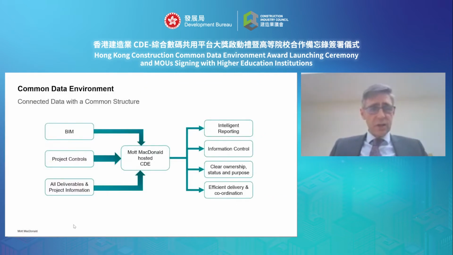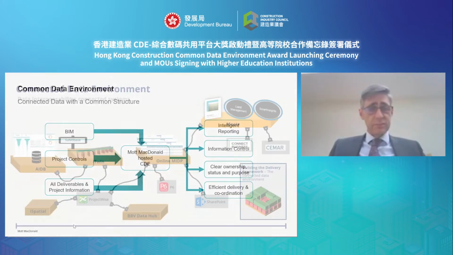And so the connected data environment that we see here is MacDonald hosting the CDE, coordinating BIM and project controls, deliverables and project information. And really the value of this is that it can provide intelligent reporting, information control, clear ownership, and maybe most importantly, efficient delivery and coordination. And so it delivers real significant savings.